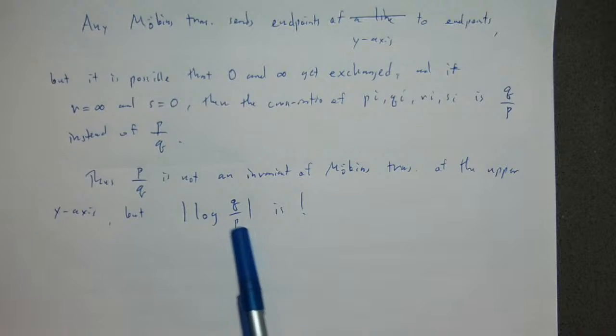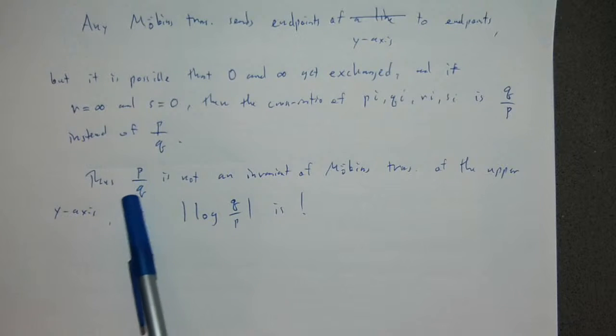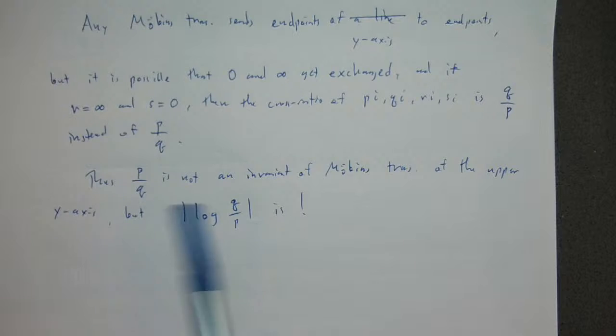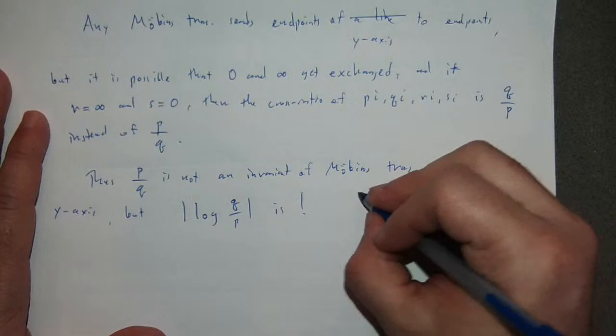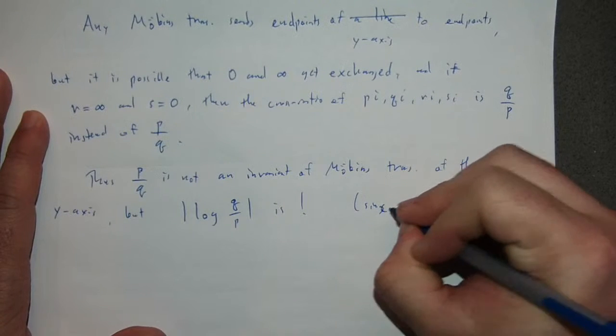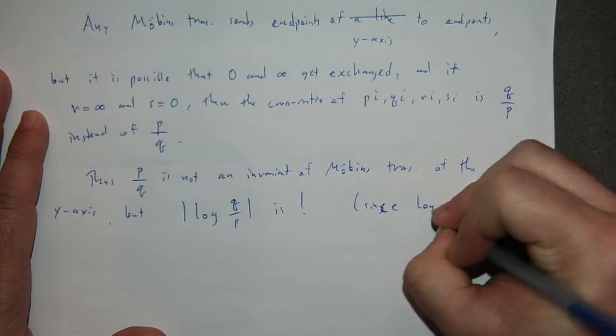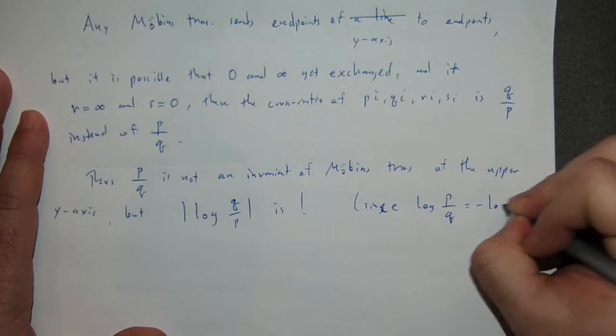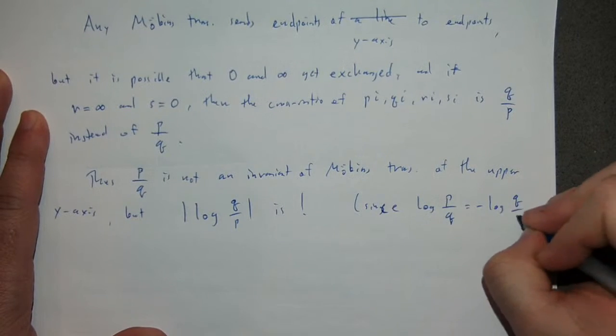Well, what's going to be the difference between log q over p or log p over q? Because of log rules, the difference is going to be a minus sign. So we slap an absolute value sign on it, and we are good to go, since log p over q equals minus log q over p.